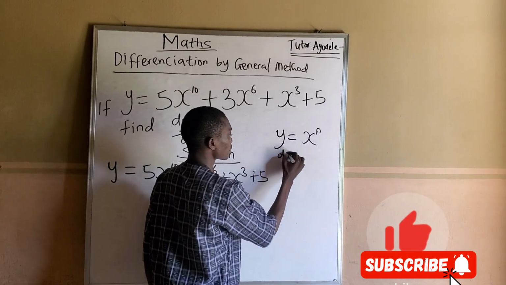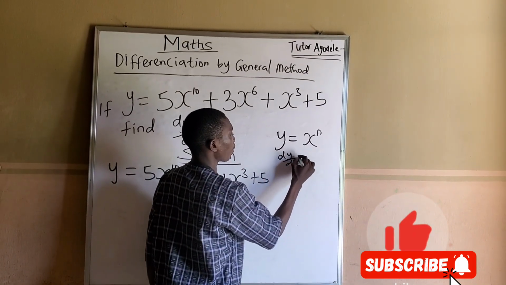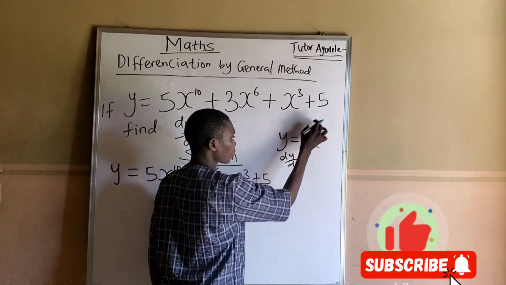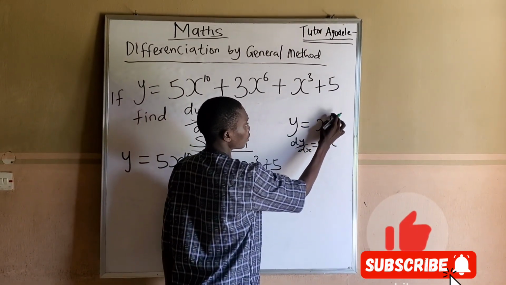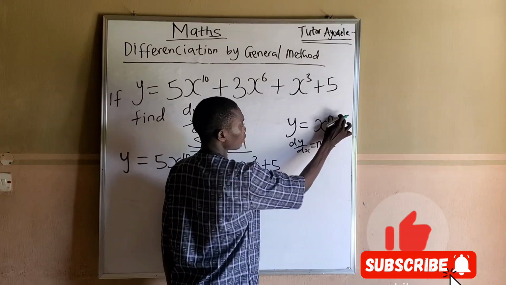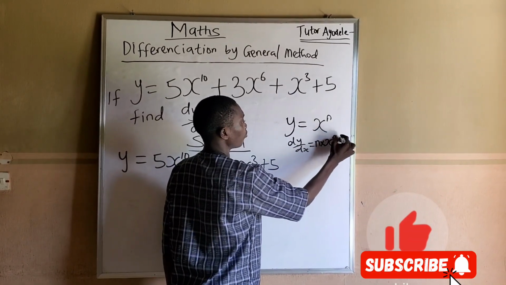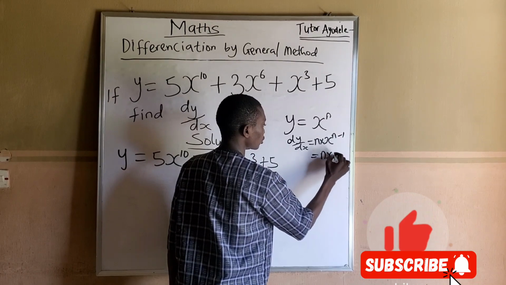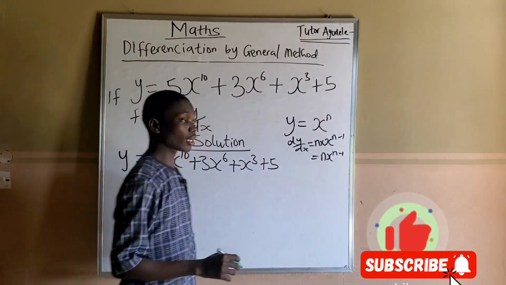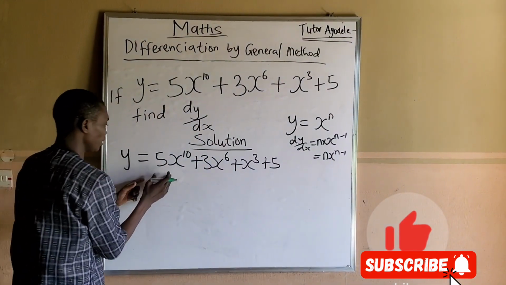So dy/dx equals, you use this power to multiply it, that is n times x. You now subtract 1 from this power, n minus 1. So this will give you nx raised to the power of n minus 1. That is general method. So let's apply it here.